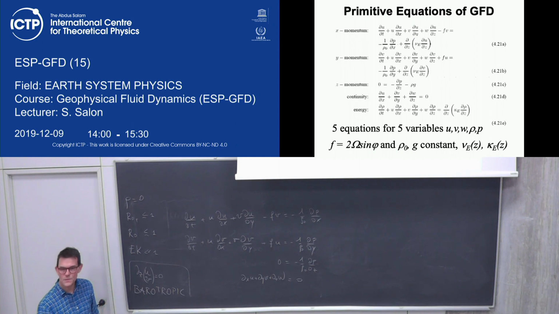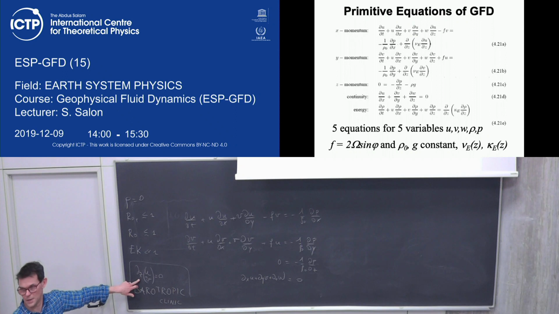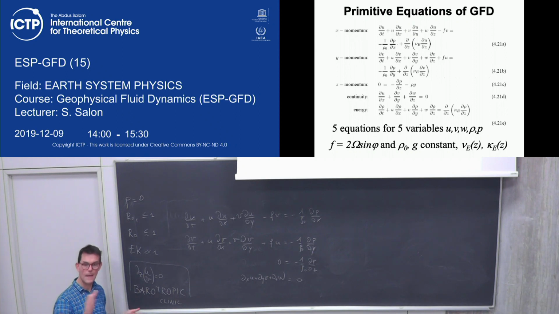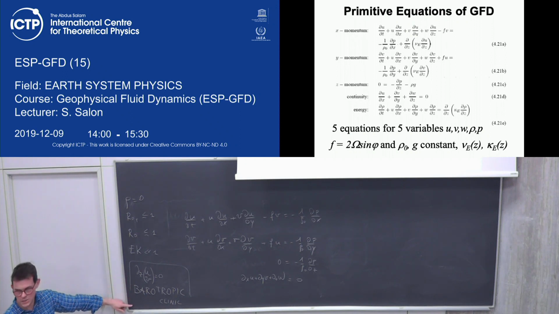In the atmosphere and also in ocean dynamics, you will also hear baroclinic, which means that this is no longer 0. You have two different mechanisms, two different instabilities, baroclinic instability and barotropic instability, which are very different. This is much stronger in the tropics, of course, this is much stronger in the mid-latitude.